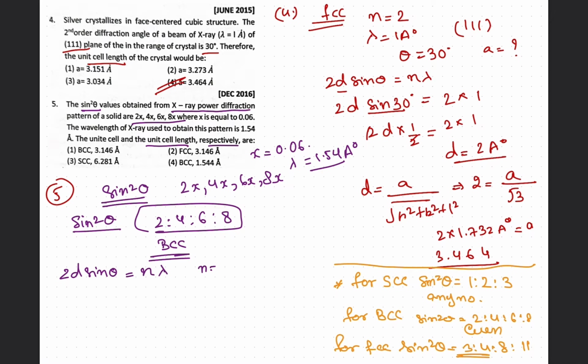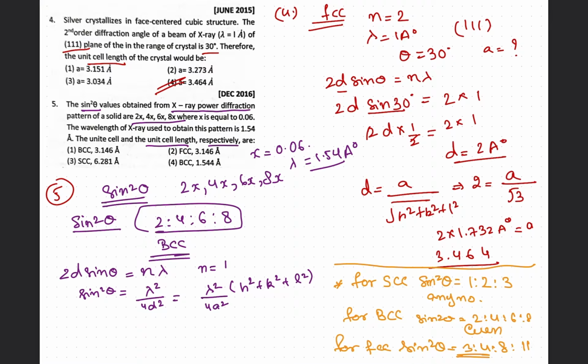If you take n equal to 1 for the first, then sin square theta will be equal to lambda square on 4d square. Putting the value of d, you will get a square (h square plus k square plus l square), okay?